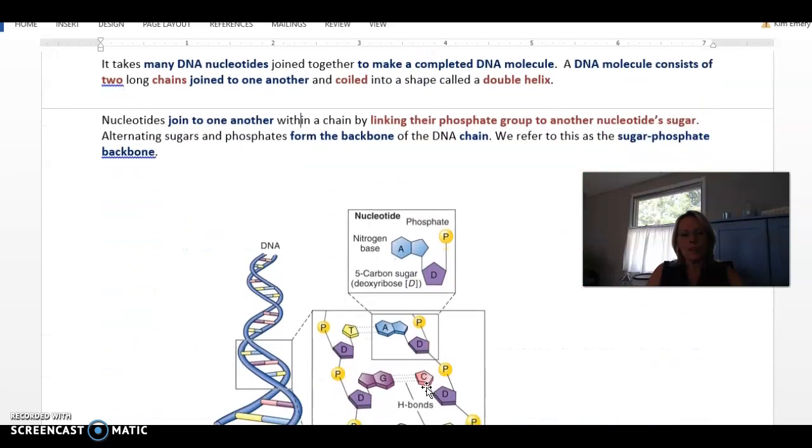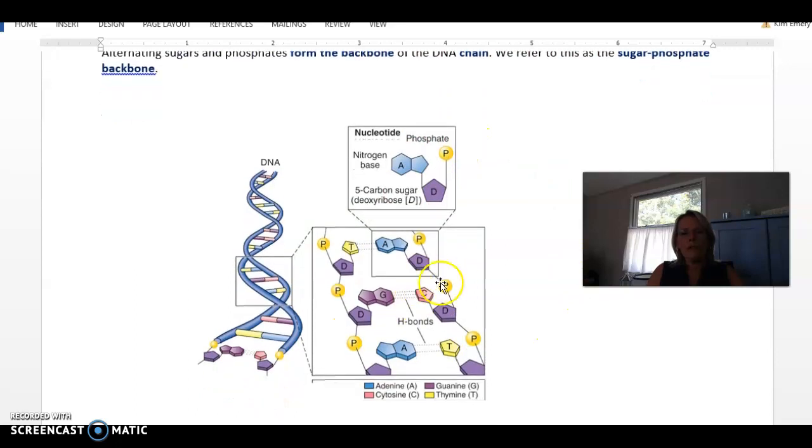Let's take a look here. This is kind of a busy picture, but here you're seeing that example of the nucleotide. You also notice that there's a bond between the sugar of this nucleotide and the phosphate of the next nucleotide.